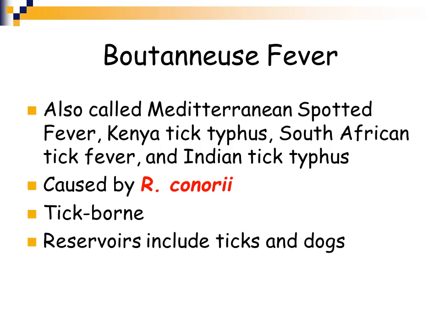Now, another organism in the spotted fever group is Rickettsia conorii, which causes the disease Boutonneuse fever. Boutonneuse fever is also known as Mediterranean spotted fever, Kenya tick typhus, South African tick fever, and Indian tick typhus. So Rickettsia conorii is transmitted through a tick, and reservoirs include both ticks and dogs.